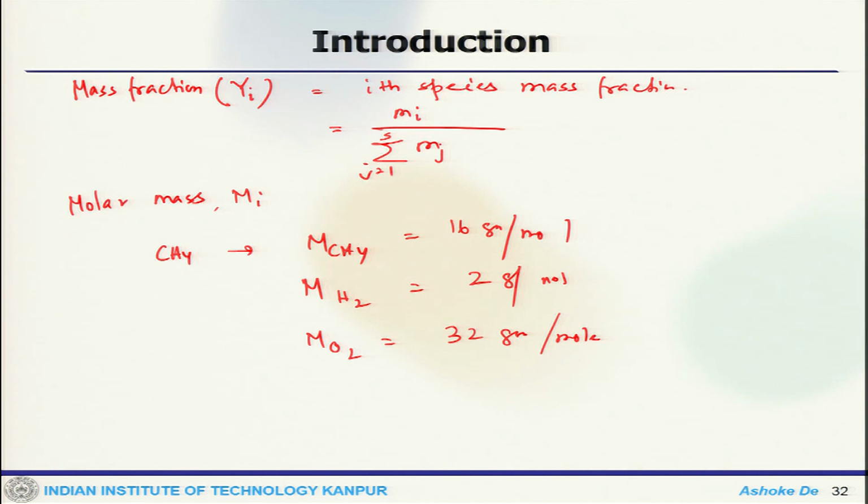So, the molar mass for a particular species is represented as Mi. One should not get confused between molecular weight and molar mass here. That gives you the definition of molar mass.